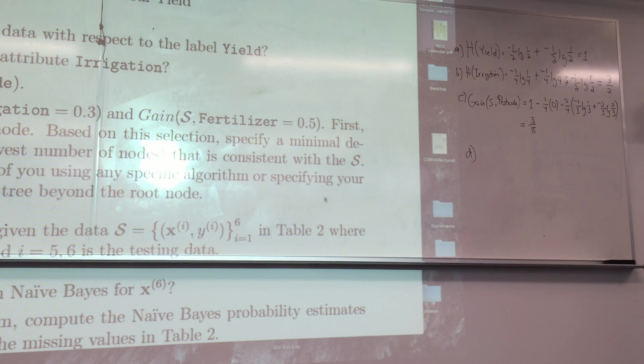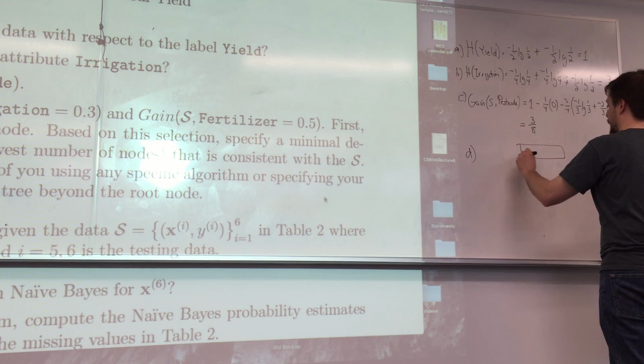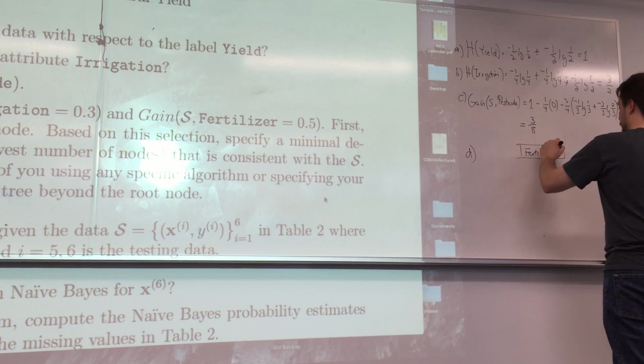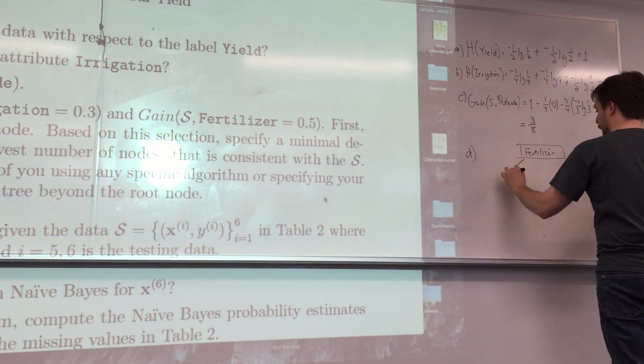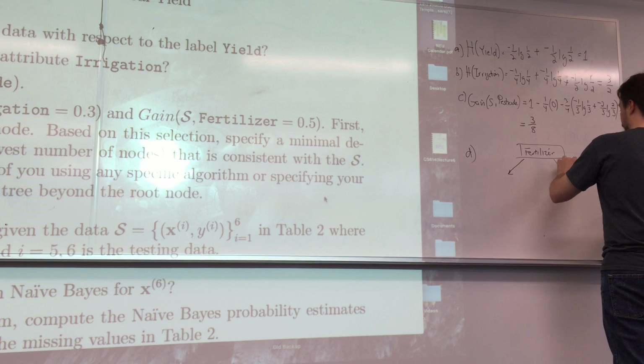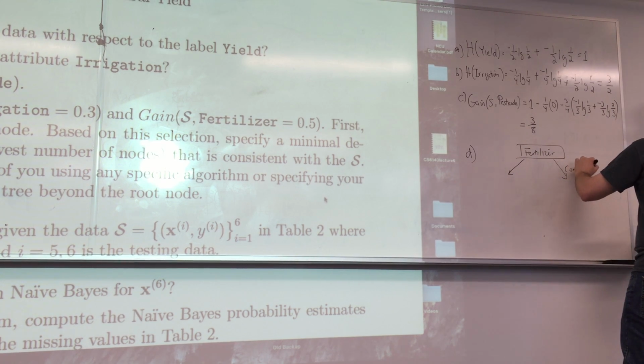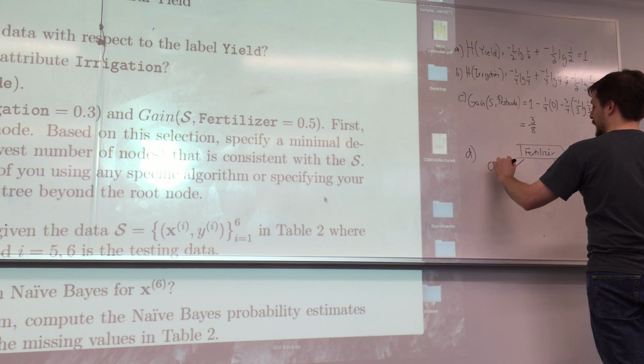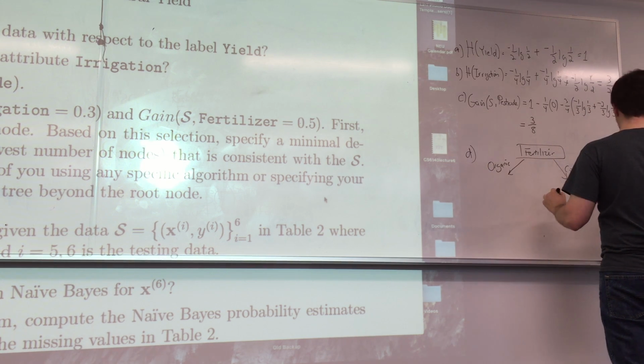We want the greatest gain, so we'll split on fertilizer. Fertilizer splits into organic and conventional. If we have conventional and that's low, yep, it's pure. You are correct.